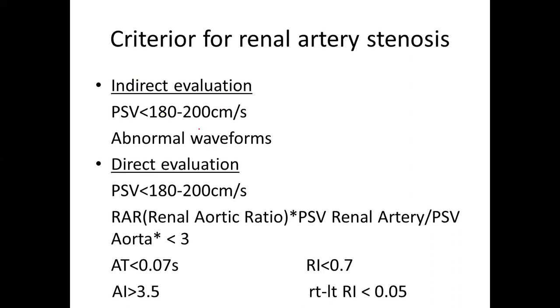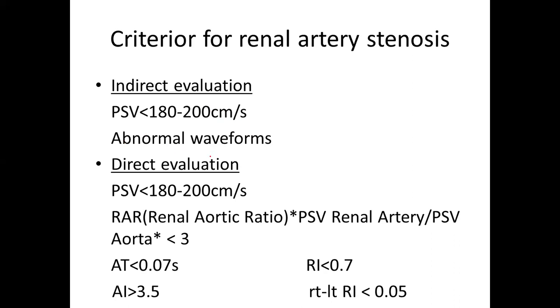You will see some text saying 200 centimeters per second, but 200 centimeters per second is used as the upper limit for insignificant stenosis. As long as by the time our peak systolic velocity goes beyond 200 centimeters, it means we have more than 60% narrowing within the renal vessels, and that is very significant. And usually that's what our physicians will be looking for.